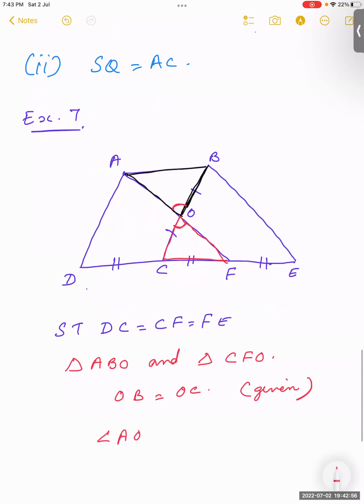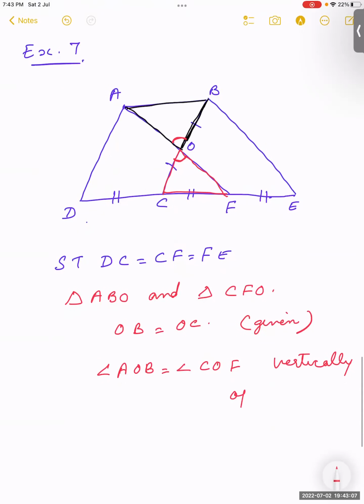Angle AOB will be equal to angle COF. Why? Vertically opposite angles. Have you heard of vertically opposite angles? Yes, ma'am. So angle AOB and COF are vertically opposite angles.